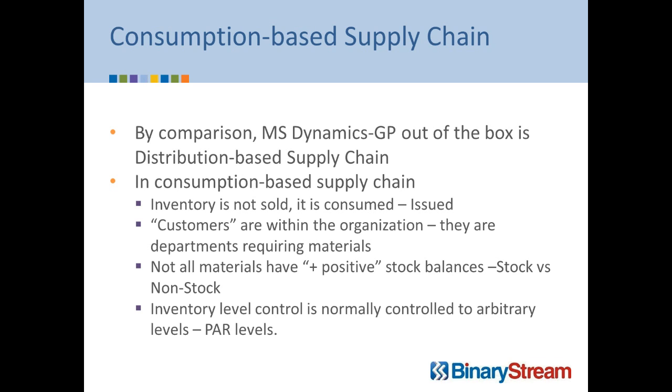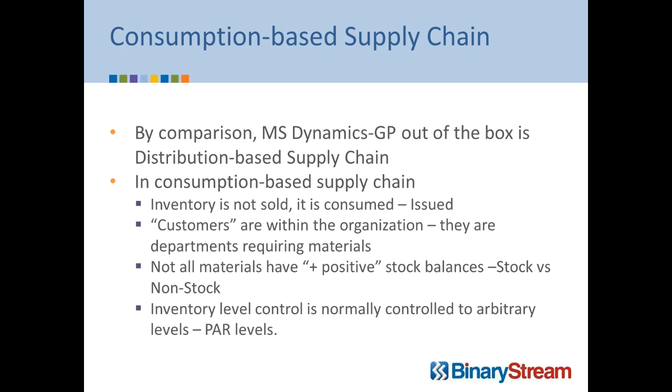Now, in Great Plains, items that exist can have positive and negative stock balances. Well, in healthcare, there are items that are called stock and non-stock items. We're going to explain this in far more detail. Stock items have positive stock balances, non-stock do not.